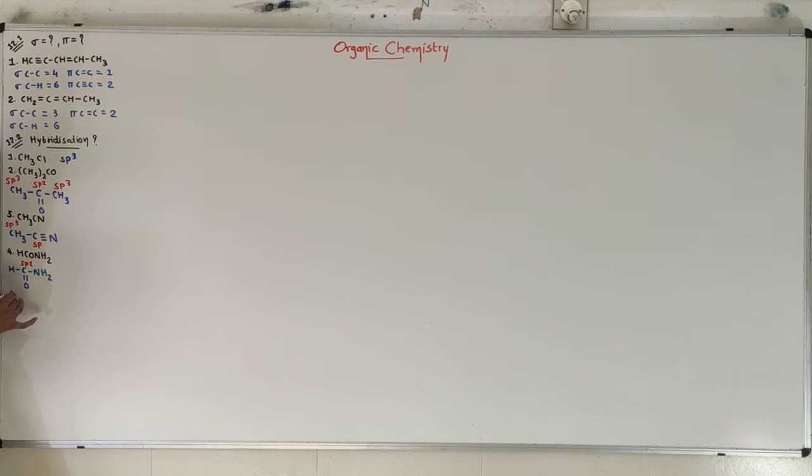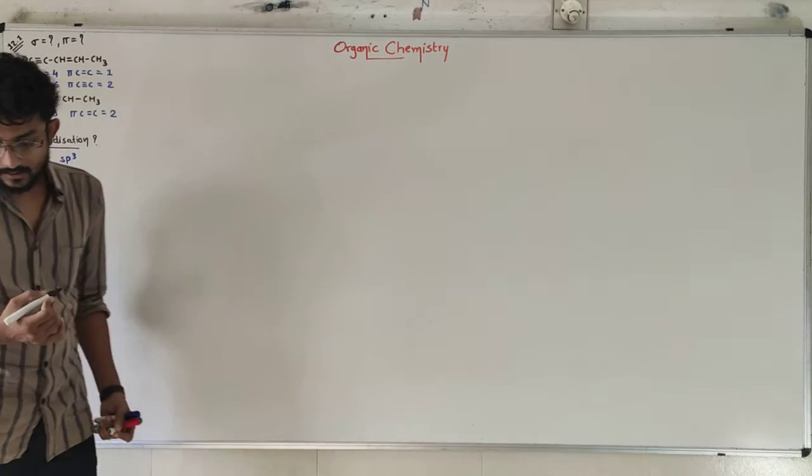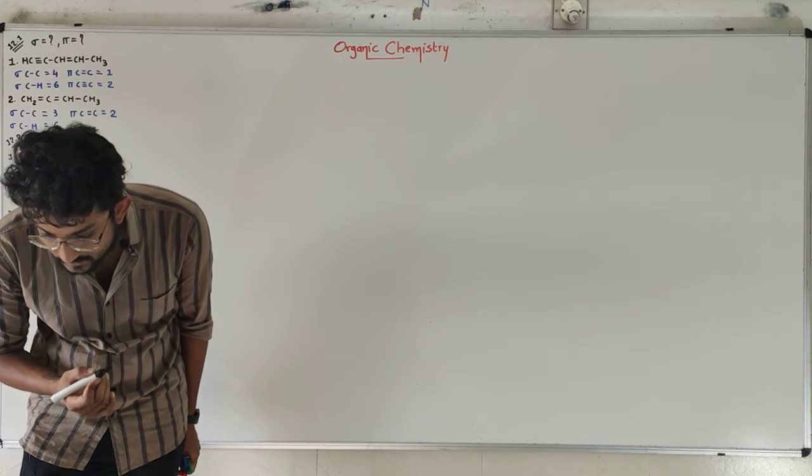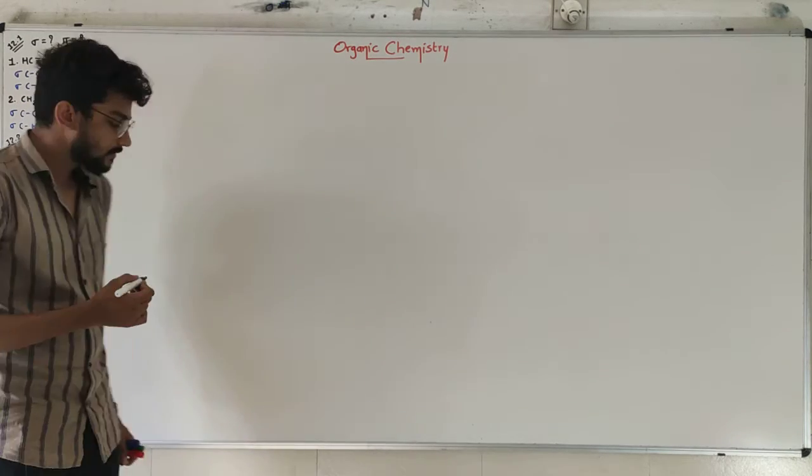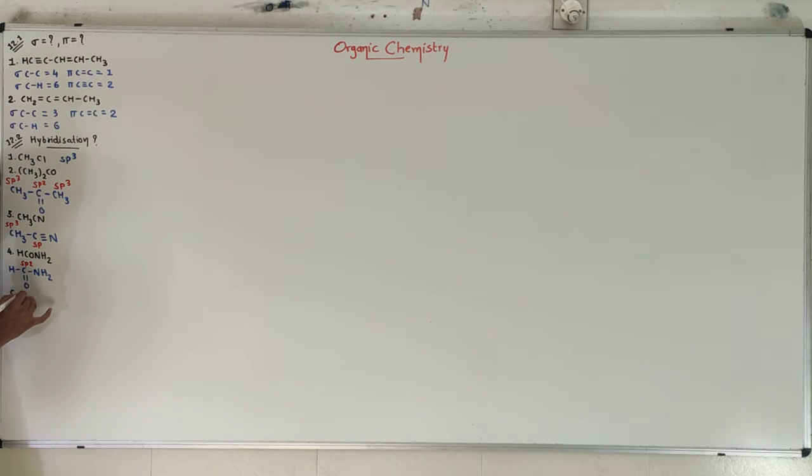For the 5th and last compound, CH3CH double bond CH single bond CN. That is our compound.